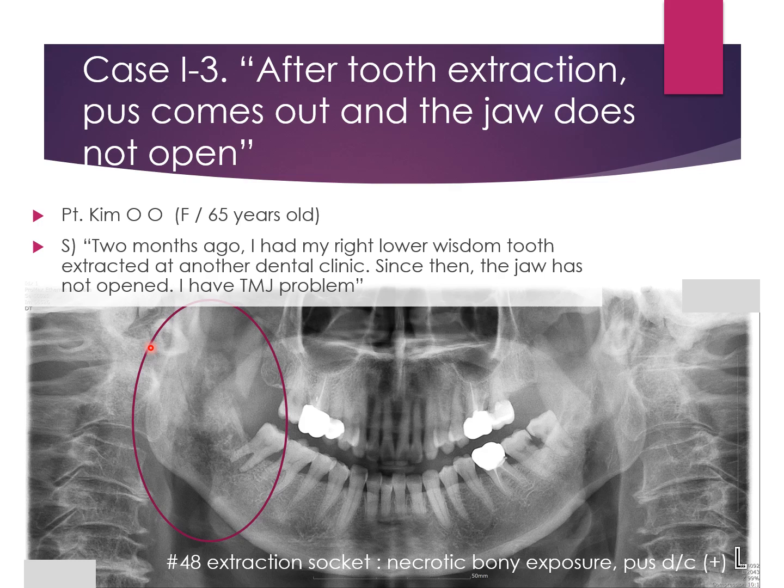Absolutely not. Shall we see the X-ray again? Can you see the right mandibular ramus osteolytic change like that? In my case, I can't even open my mouth. My TM joint also hurts. Intraorally, clinically, in the right mandibular third molar extraction socket, there was a necrotic bony exposure and pus was discharged.